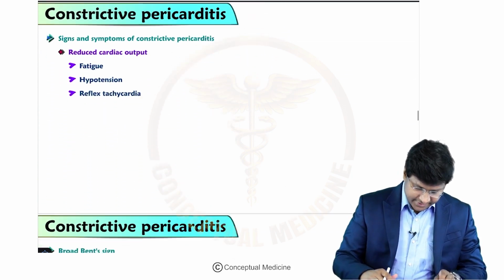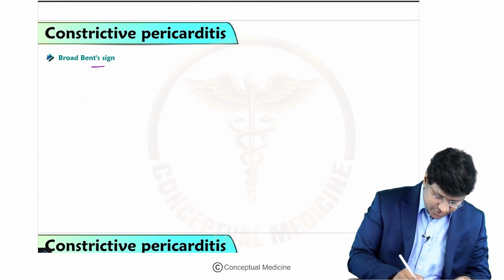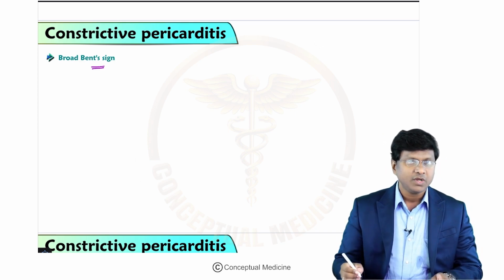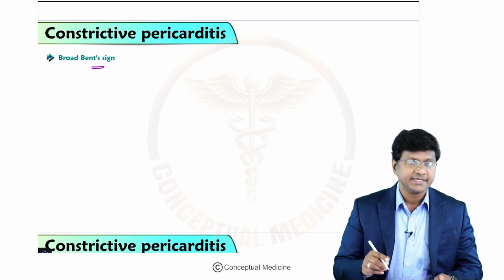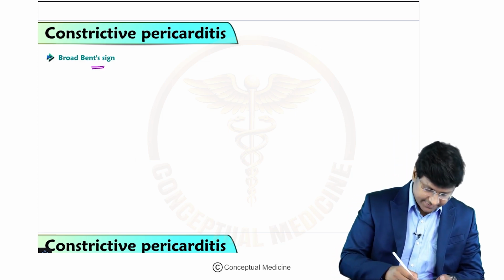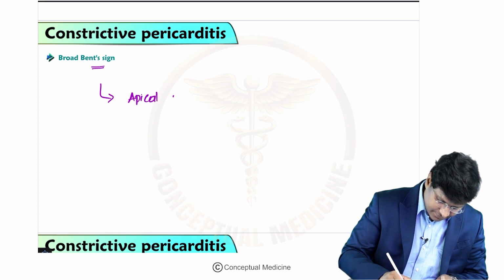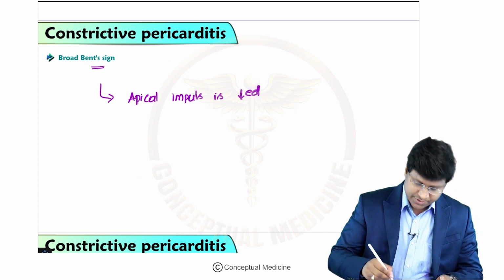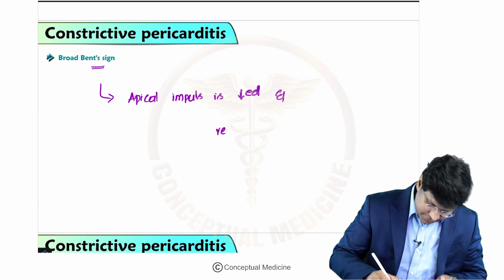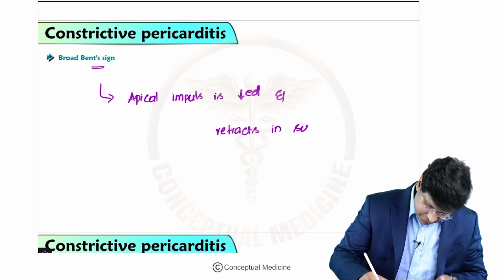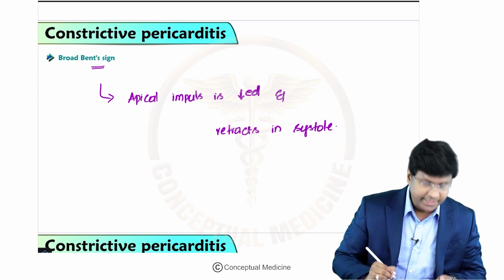Then followed by that, we have a very important sign that is called the Broadbent sign. What is this Broadbent sign? It is the apical impulse that is reduced and retracts in systole.